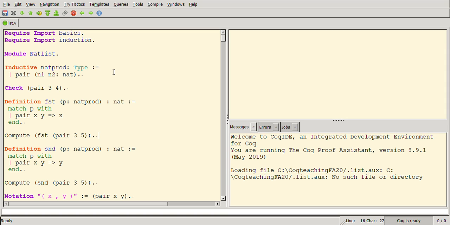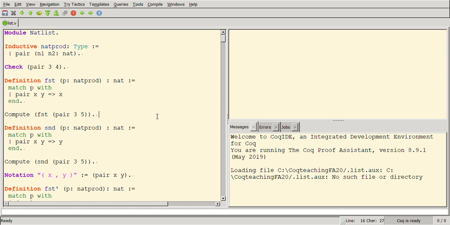The two libraries are Basics and Induction. These two libraries are defined according to the first two chapters of the book Software Foundations. The Coq scripts written in these two libraries are compiled, and then included here using the Require Import command.